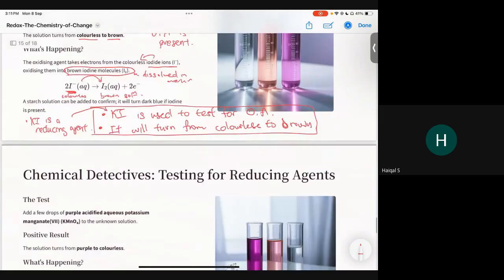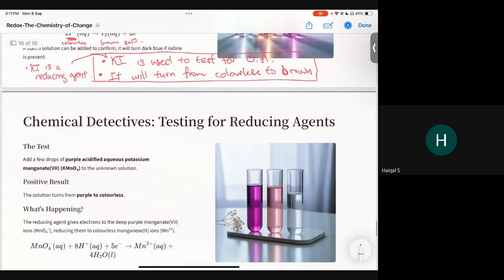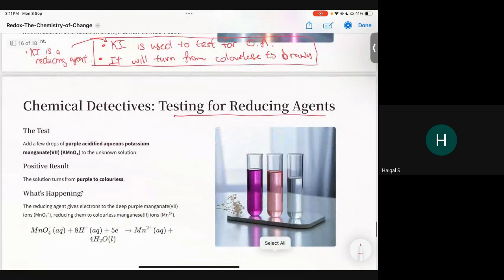Next one, I'm going to test for reducing agent. So now I use substance B. How do I know that it is a reducing agent? Is it a reducing agent? To test for reducing agent, I must add oxidizing agent.